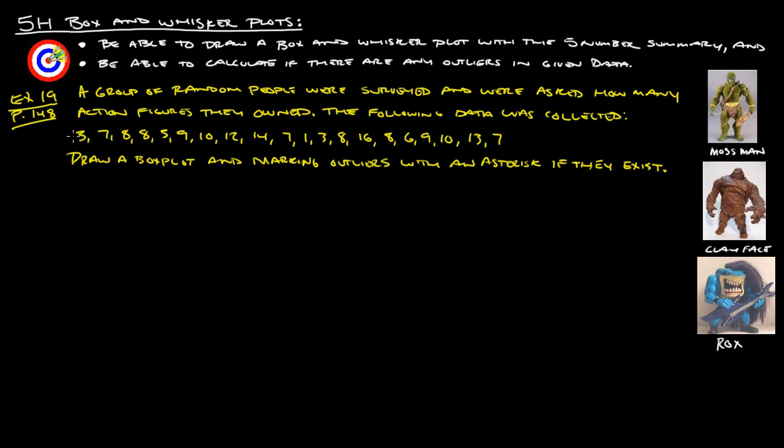So first thing we're going to want to do is order all this data so that we can figure out our median and our quartiles, so that we can figure out the interquartile range, all that kind of good stuff. So let's start organizing. Alright, so lowest number I see on here is a 1. I don't see any 2s, but I see a couple of 3s.